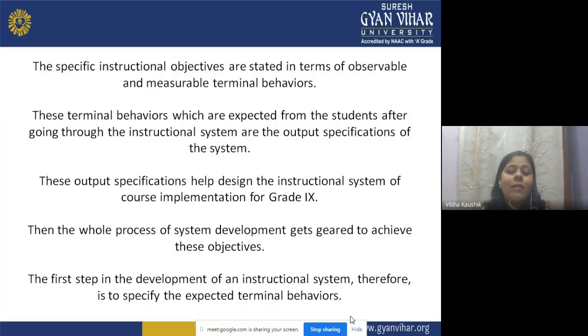All these systems, the methods and the teaching learning process, get geared to achieve the cognitive, affective, and psychomotor objectives. The first step in the development of an instructional system, therefore, is to specify the expected terminal behavior, that is, to state clearly the objectives I want to achieve after completing this topic.